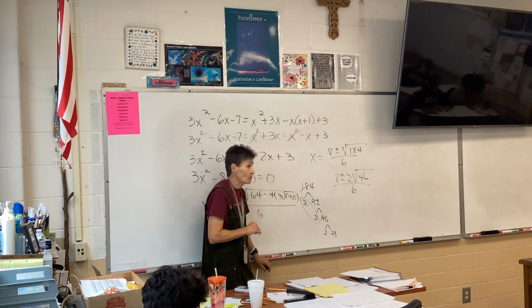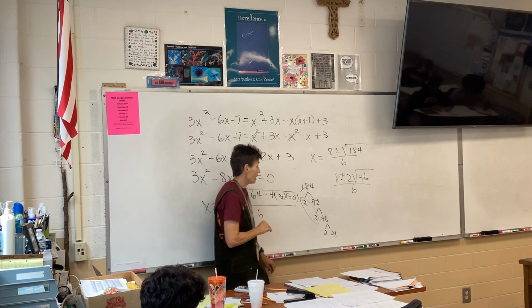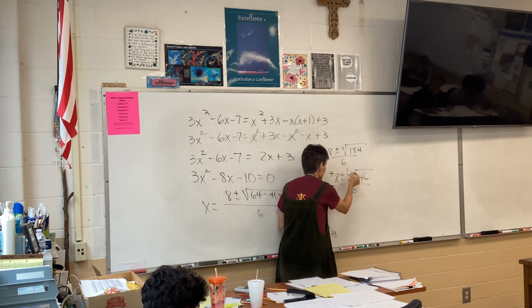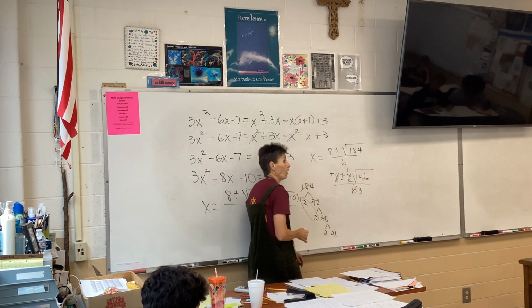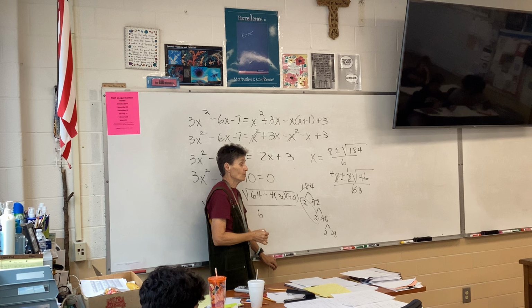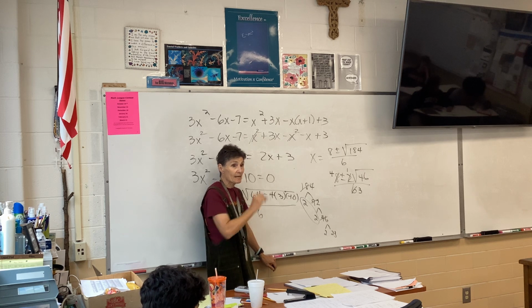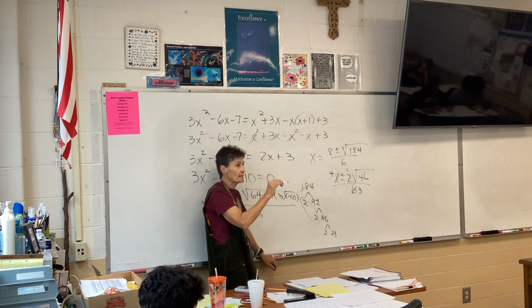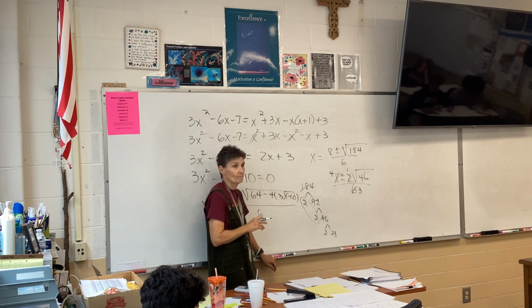Now you can cancel because this and this and this are all divisible by 2. Unless you can cancel from all 3 places, it's like a triangle. Unless you can cancel from all 3, don't cancel.